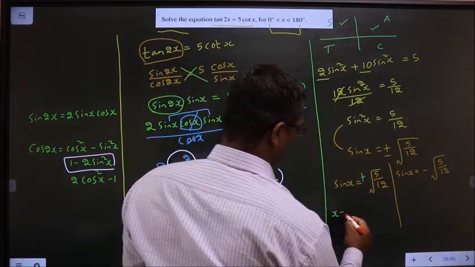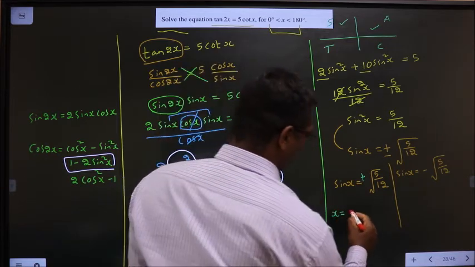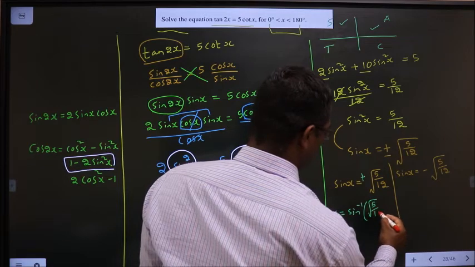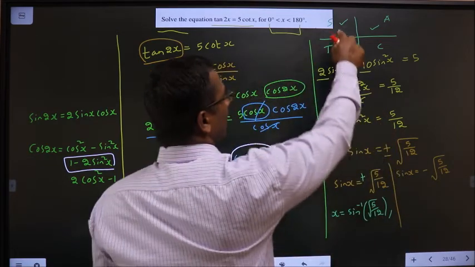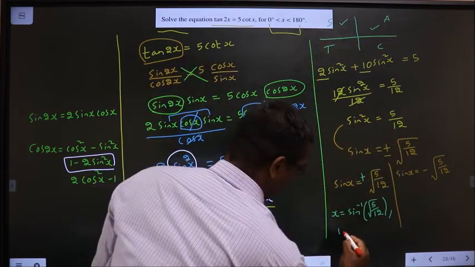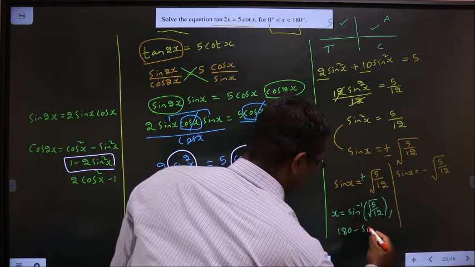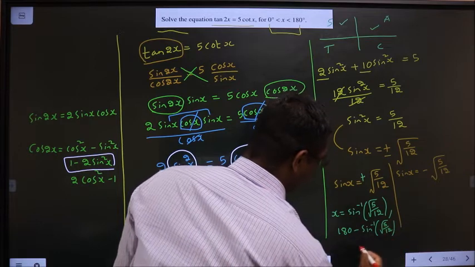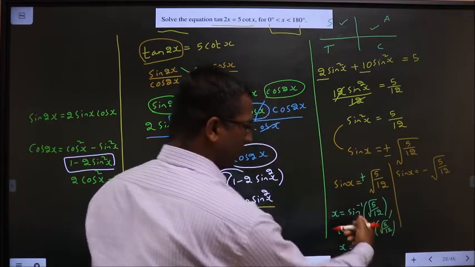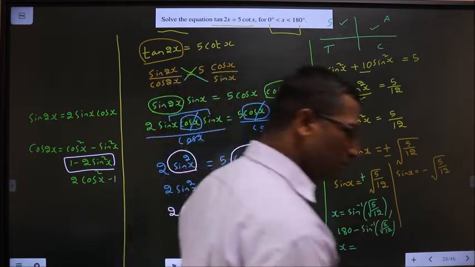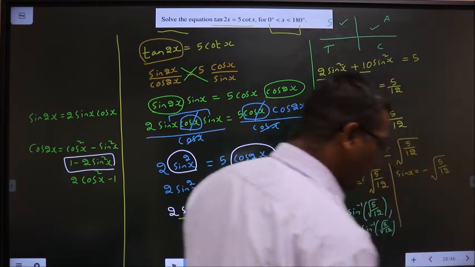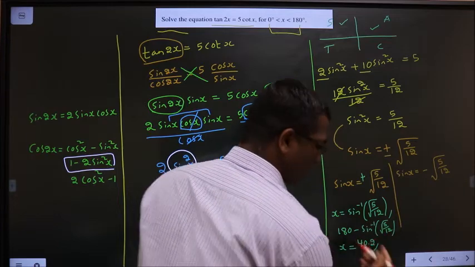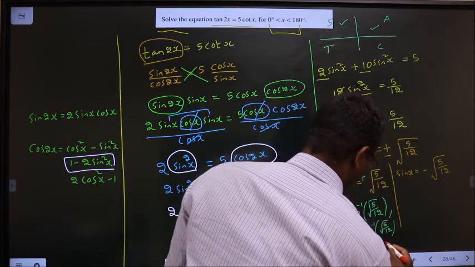So x equal to, to get an angle in first quadrant, sin inverse under root 5 by 12, comma, to get an angle in the second, it has to be 180 minus sin inverse under root 5 by 12. So if you put this in the calculator, you get the answer to be 40.2. If you put this, you get 139.8.